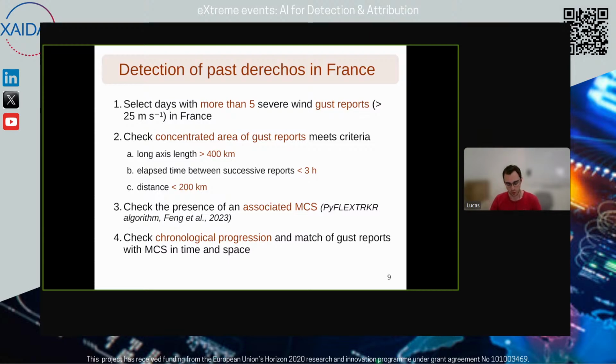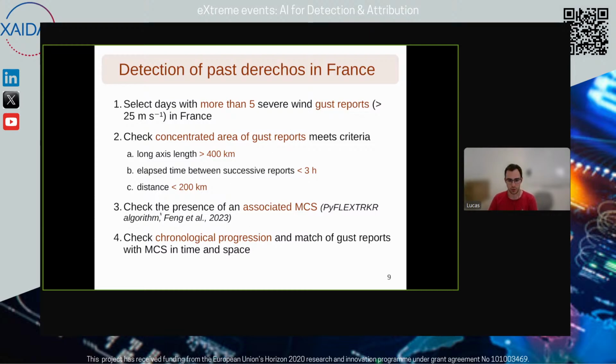And we also require that successive wind gust reports be close enough in space and time. These criteria are inspired from the literature. There is no consensus on how to choose them, so they can differ from paper to paper. But mainly, this 400 kilometer threshold is very often used to define a derecho.